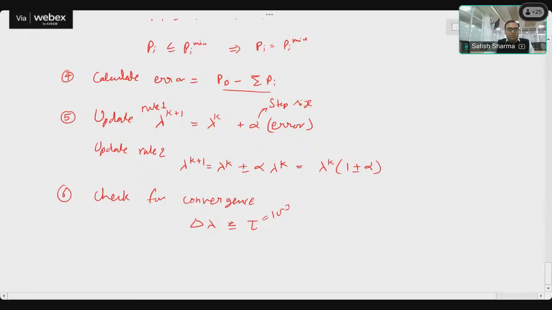Or sometimes we can also see the error should be less than or equal to some tolerance, like the error between whatever demand we are supplying and the summation of the generations; this error should be less than a certain tolerance. So these are, I can again say, rule 1, either you can use this one or this one. Both of them will work perfectly fine.